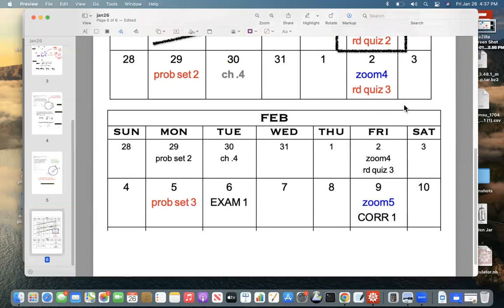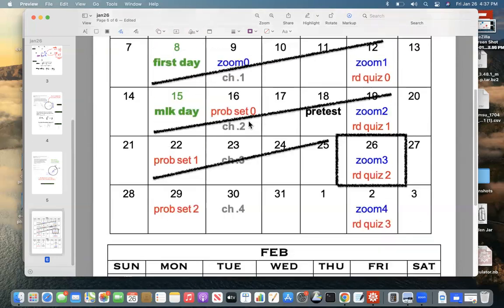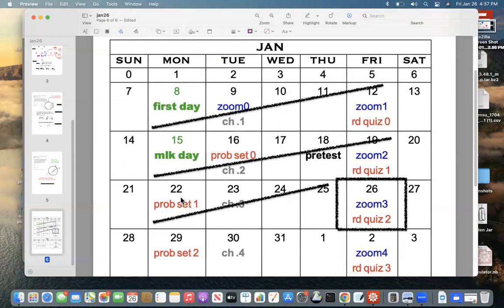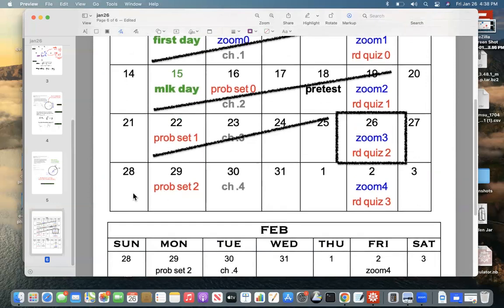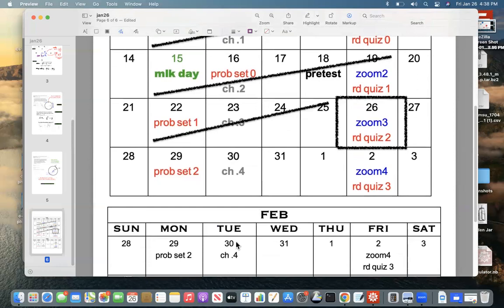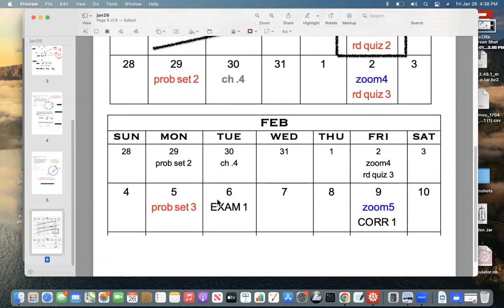So let me just repeat what I said at the beginning. We're finishing the third week of the semester. The fourth week of the semester will be the next chapter. And then we have the exam. So there's an exam coming up. You should keep that in mind.